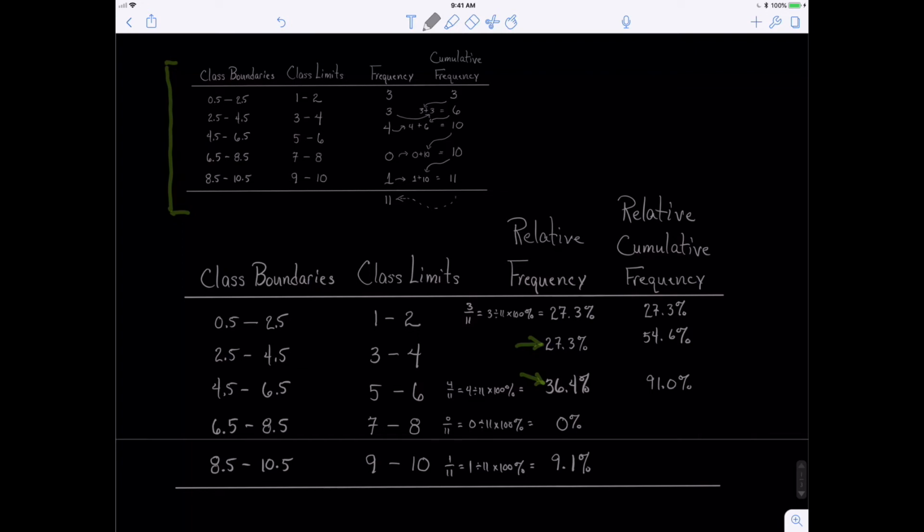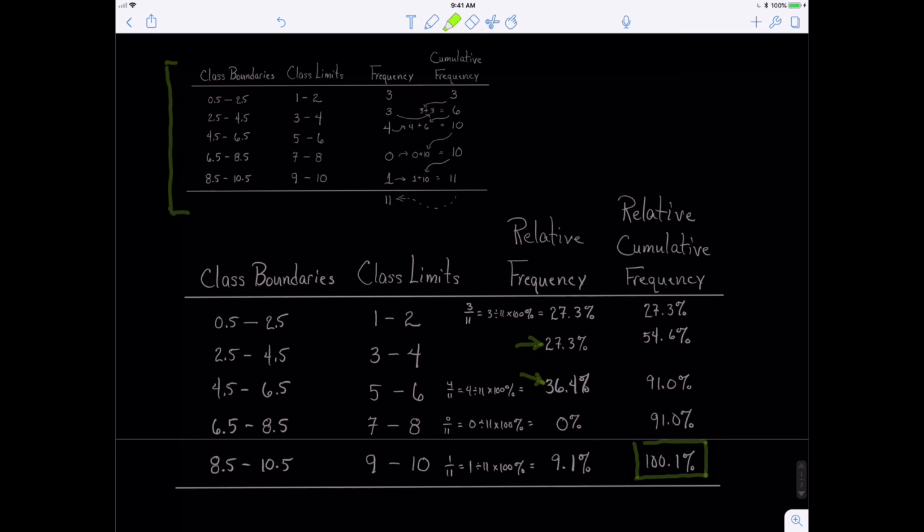Next we add the 0, which won't change anything, so we're still at 91%. Then we add our last group, and that puts us at 100.1%. Ideally this last number should be 100.